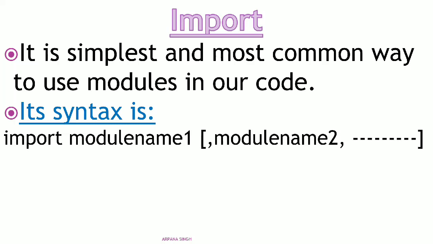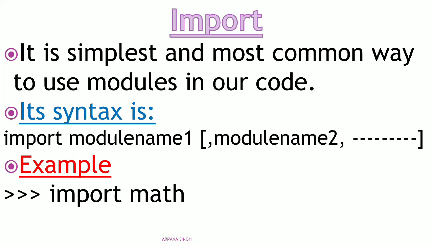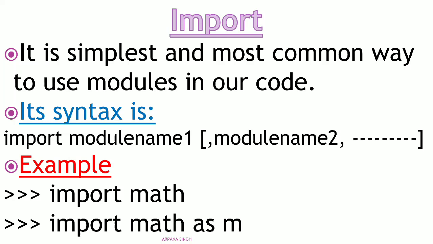So the comma separator can be used to separate different modules. For example, you can write import math to import the math module. You can also write import math as M.